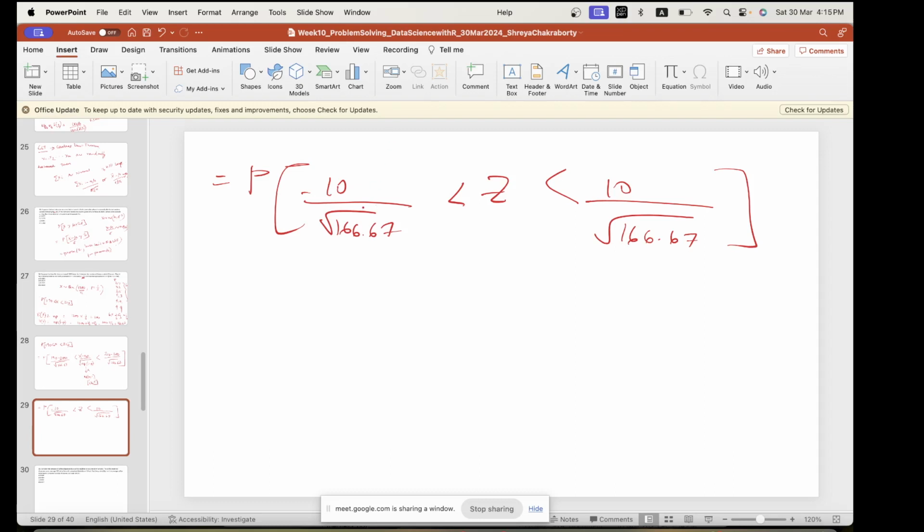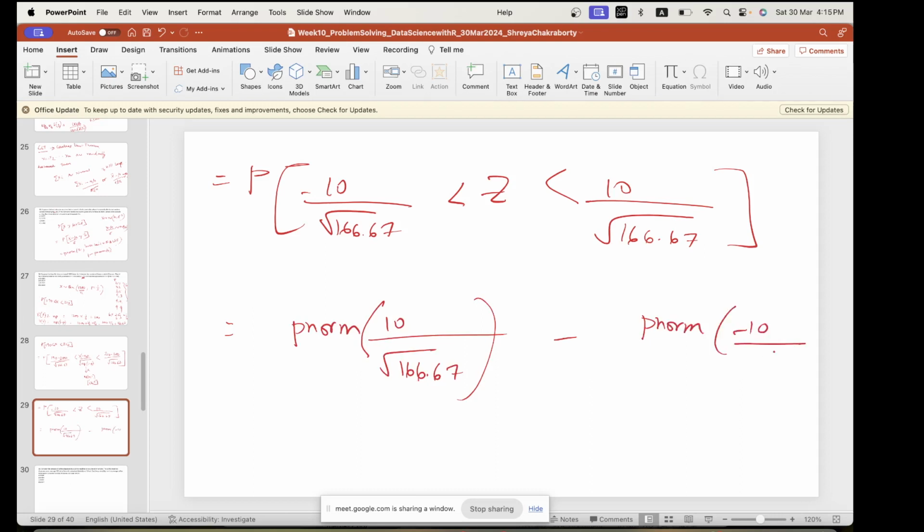So we can write this as p norm 10 by root over 166.67 minus p norm minus 10 by root over 166.67. We'll find out what the answer is.